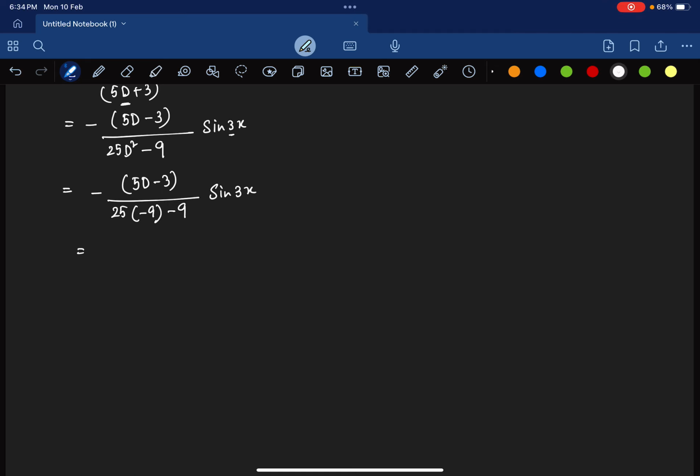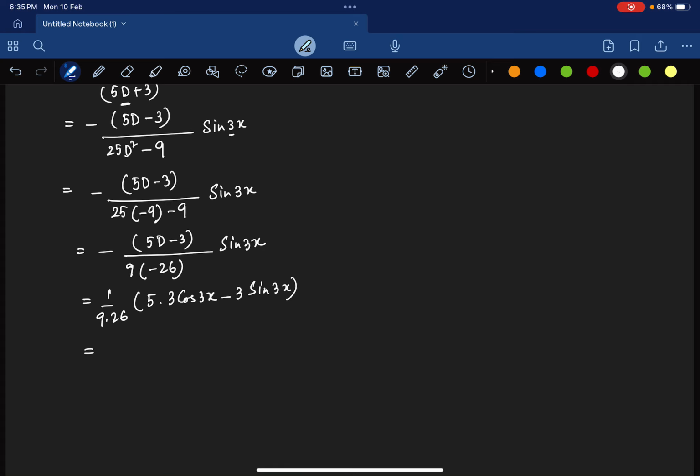So the next step, minus (5D minus 3), observe this carefully. 9 you can take common, so that you will get minus 26, sine 3x. Now 5D: D means derivative of sine 3x, that is 3 cos 3x, minus 3 sine 3x.